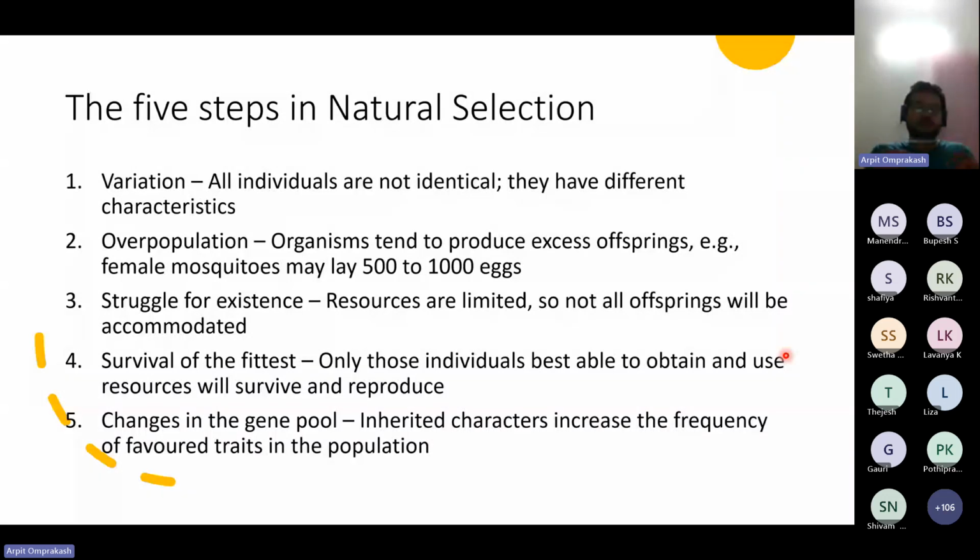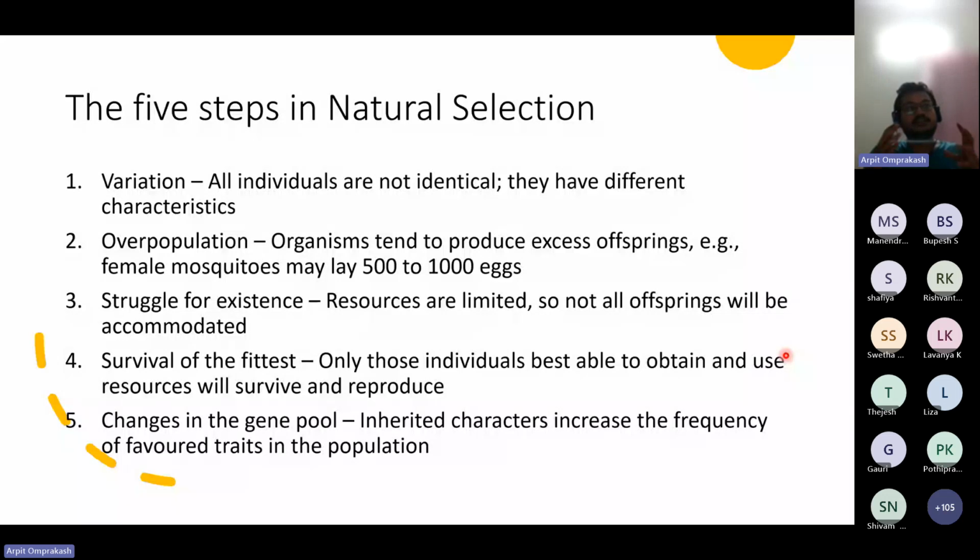This variation, combined with the fact that most organisms tend to produce excess offspring, creates a struggle for existence because resources are also limited and not all of them are well adapted or have traits that help them survive in a given resource limited area. And due to overpopulation, there's a lot of competition among individuals of the same species. That's why only the fittest individuals which are able to survive this competition survive and reproduce.